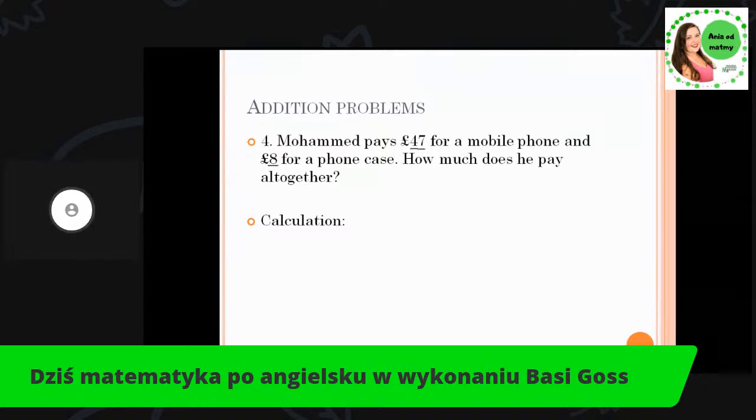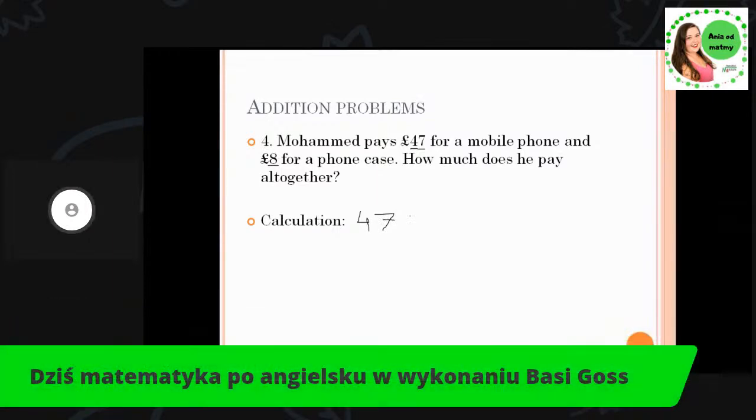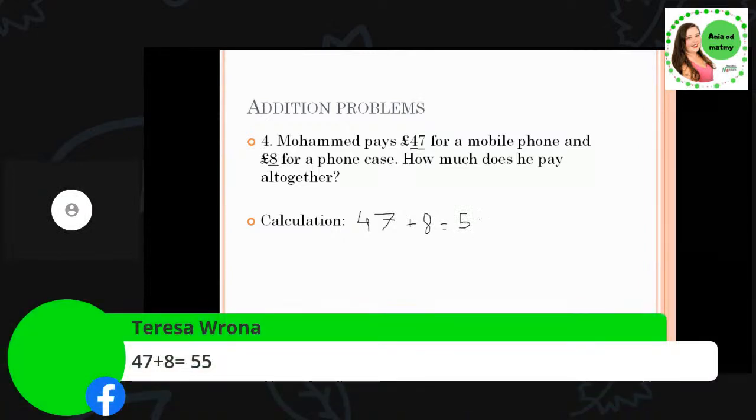Remember, we write the pound symbol in front of the number in the UK, not after the number. So the calculation is 47 plus 8 equals, already have the answer in the comments, 55.